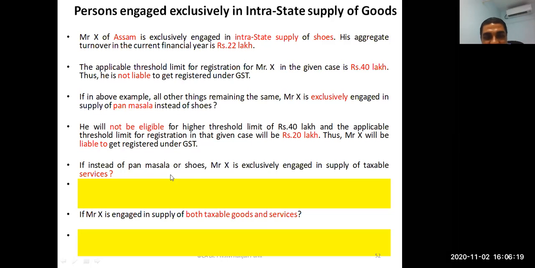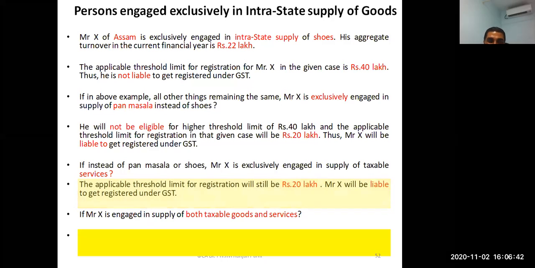Let us say instead of pan masala, X is exclusively engaged in supply of taxable services. Whether registration is required? Yes, sir. Yes, very good. It is required because limit will be 20 lakh now.